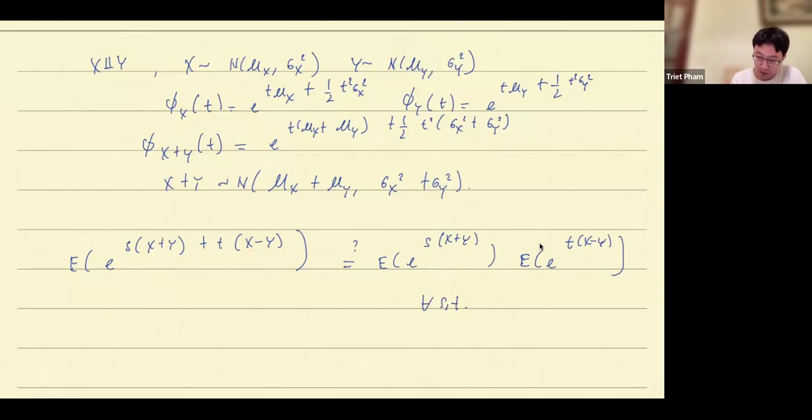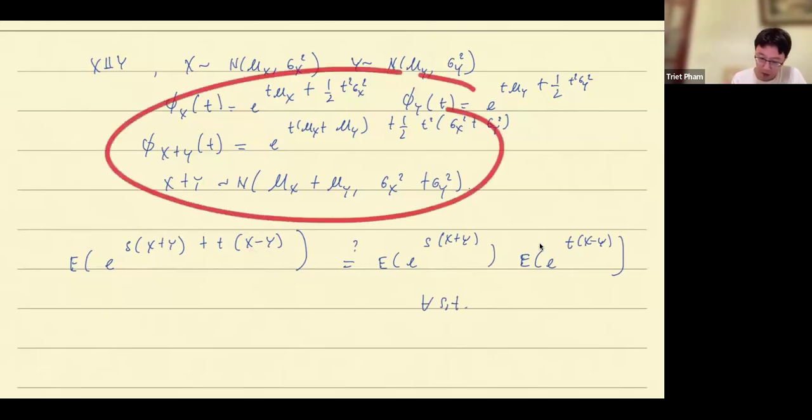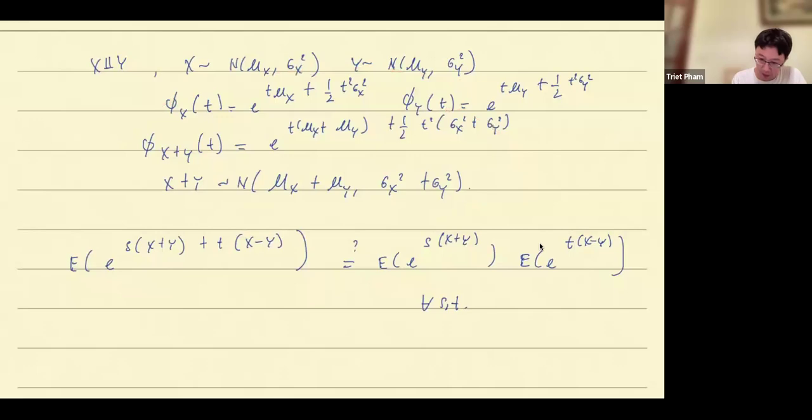And here we'll use this general result, but with X plus Y. So let's see how this works. We can combine the X parts together and the Y parts together.